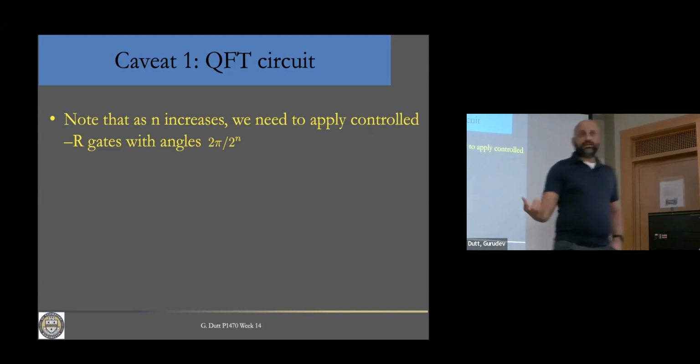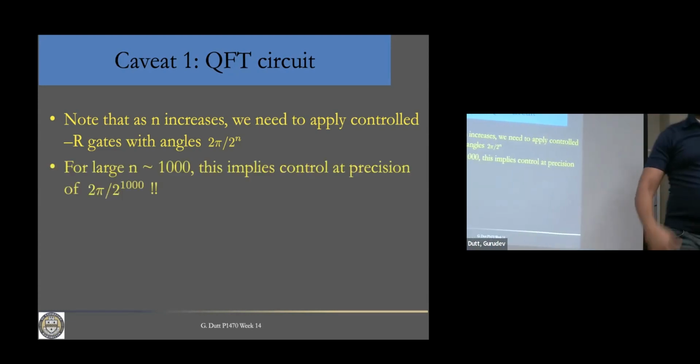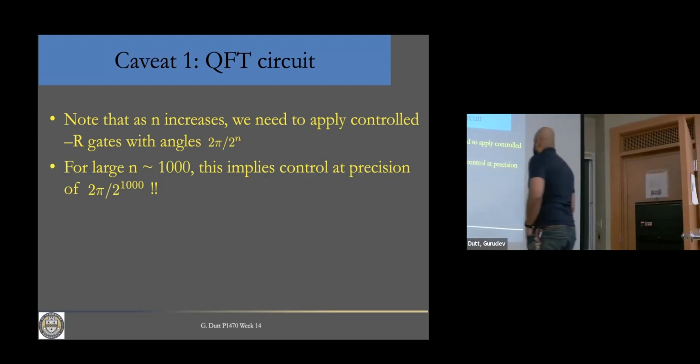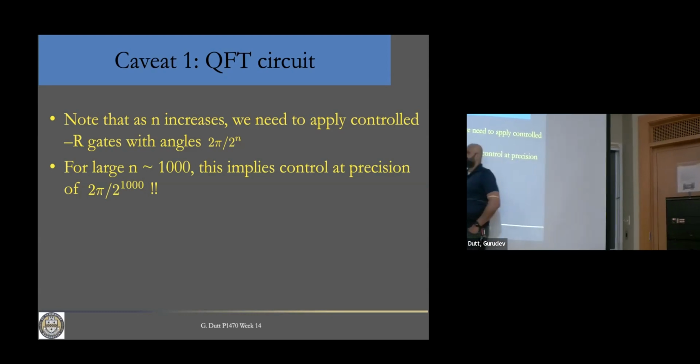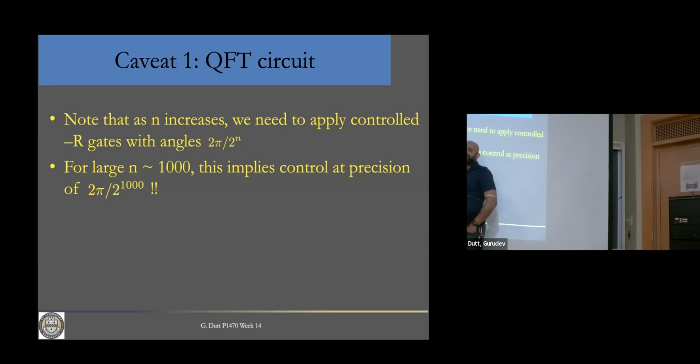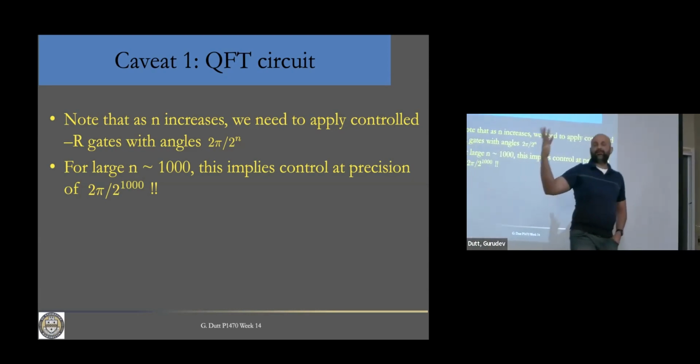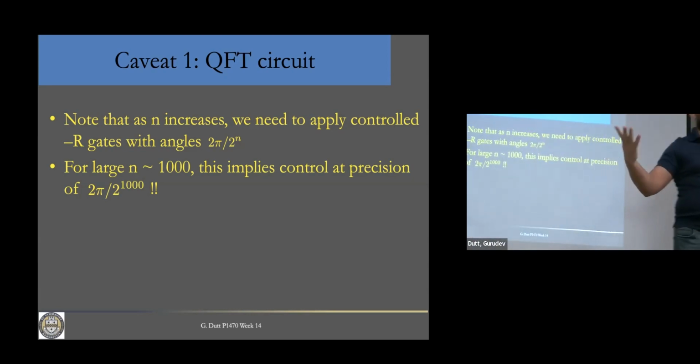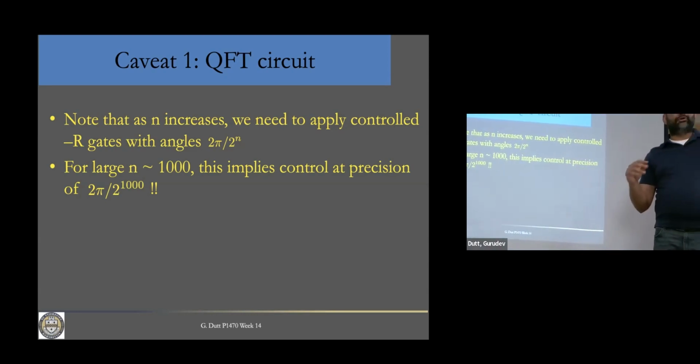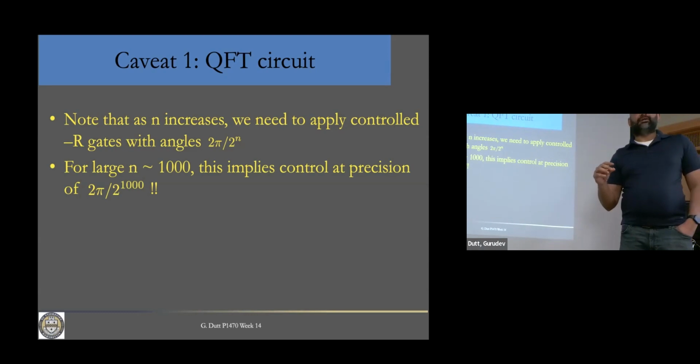So if I take 1,000 bits, for example, which is quite common, you can get large numbers of samples of audio or any other file that you might have, then we need to control this at a precision of 2 pi divided by 2 to the 1,000. So 2 to the 1,000 is a very, very large number, making the angle much smaller than, say, the precision of your normal computer. So even controlling a rotation angle, for example, with a classical computer would be difficult.